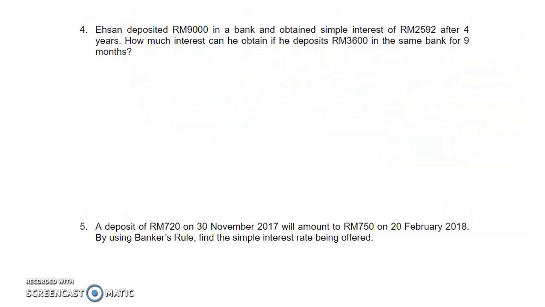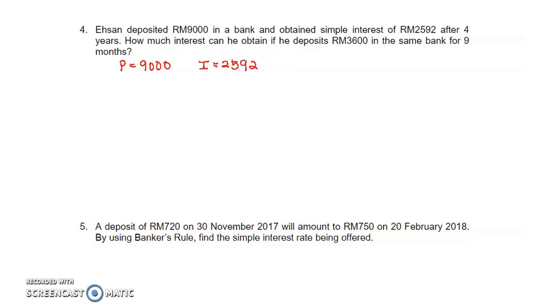Okay, now number 4. His son deposited 9,000 ringgit in a bank and obtained a simple interest of 2,592 ringgit. So P is 9,000, interest 2,592 after 4 years.